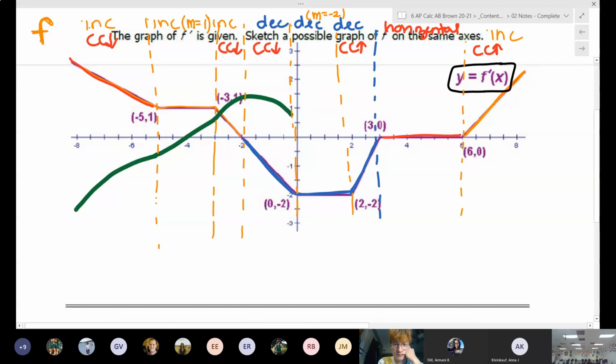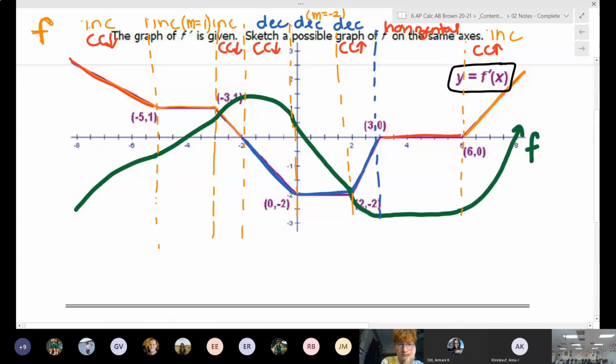Then I have another straight line section where the slope is a constant 2. Then I still have a negative derivative. So starting at 2 to 3, the derivative is still negative, so it's still decreasing, but now it's concave up. Then I have my horizontal segment where the derivative is 0, and then a positive derivative that is increasing, so my function will be increasing and concave up.